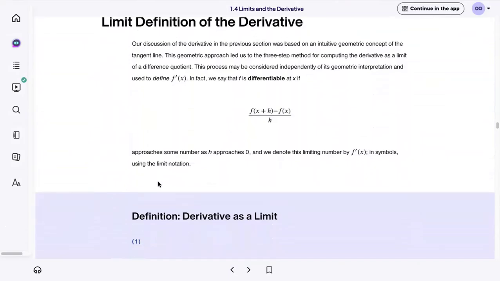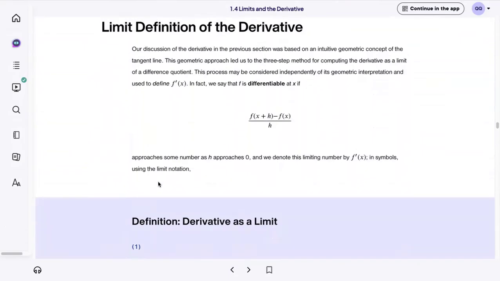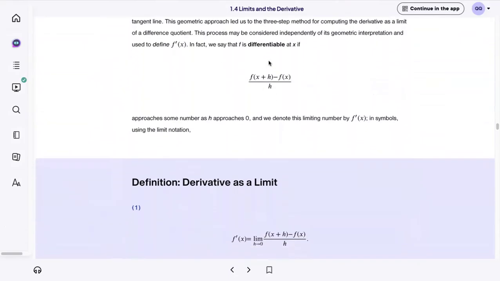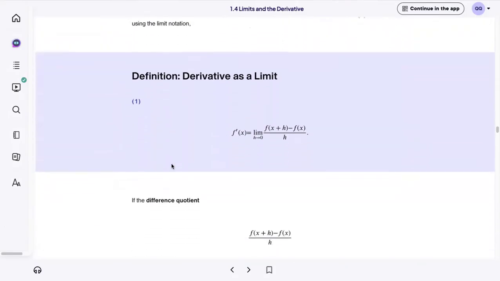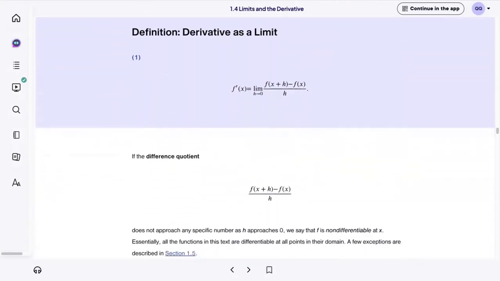Okay, now we can introduce the limit definition of the derivative. So I have this difference quotient. Now we're going to wrap them all together. The derivative of a function equals the limit as h approaches 0. We said that we have x, f of x at one point, and we have x plus h, f of x plus h, as a second point.